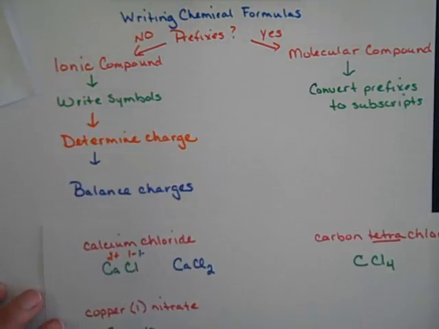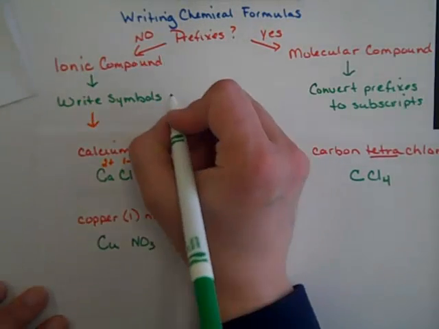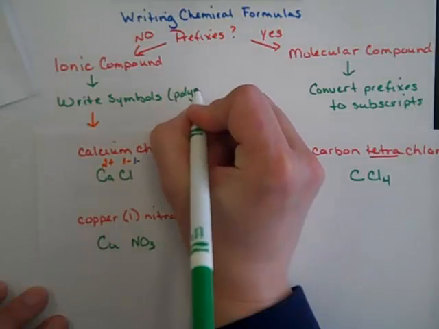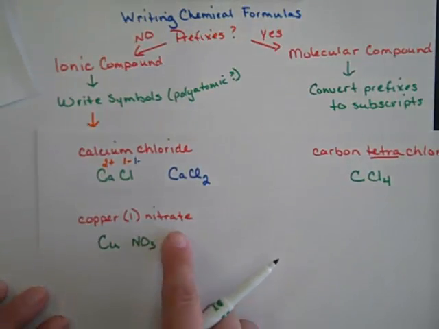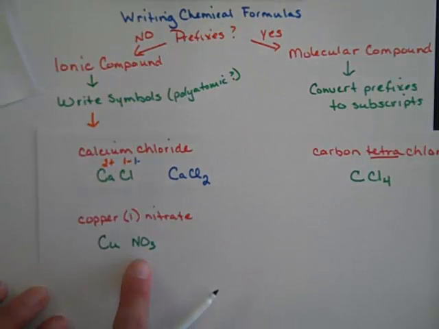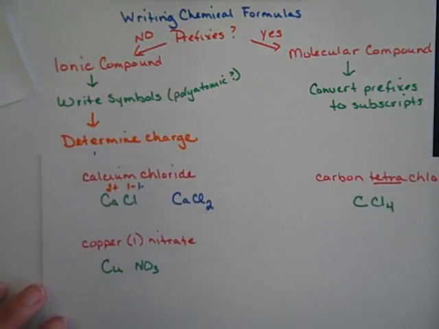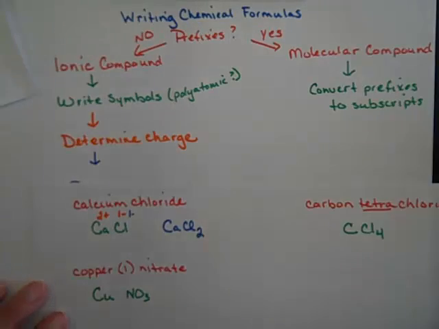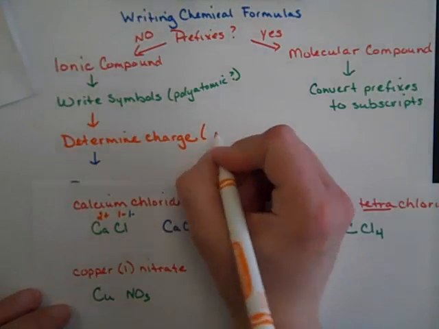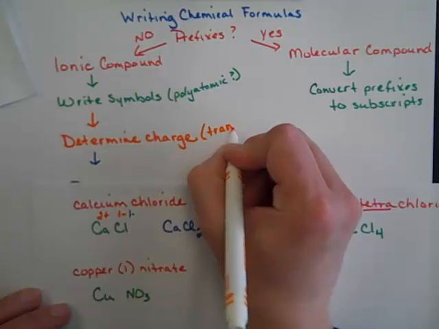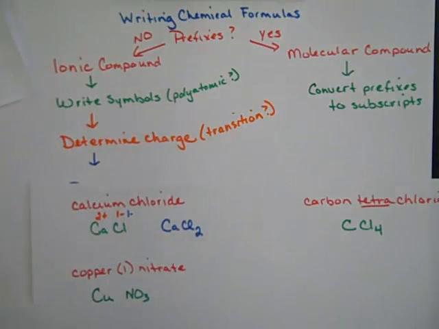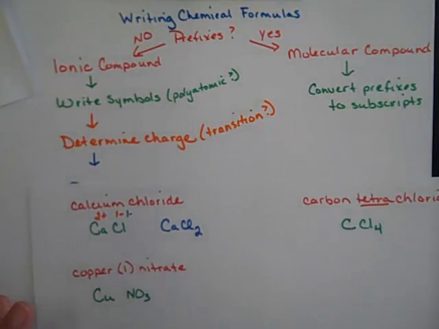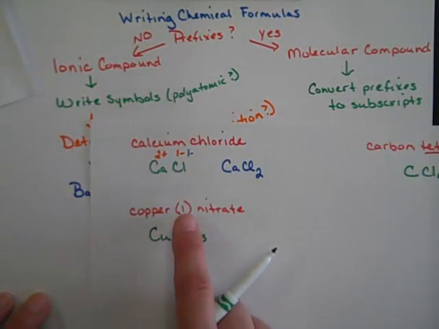Here's a couple things here. Symbols. Is it a polyatomic? Okay, pay attention to that. Because if we have nitrate, we have to make sure that we write NO3. So the charge then, we might have to determine whether or not this is a transition. Okay, if it is, how do we determine the charge? Well, if it's a transition, it should have this written there.